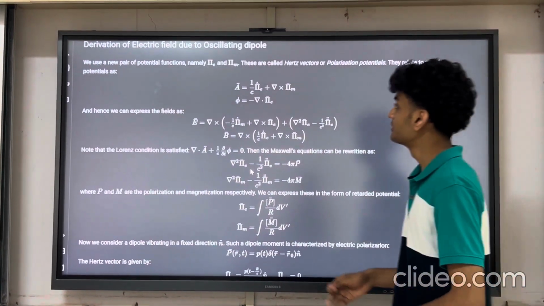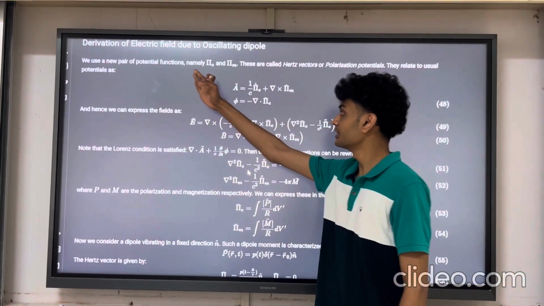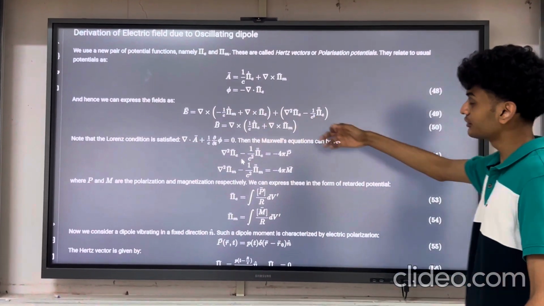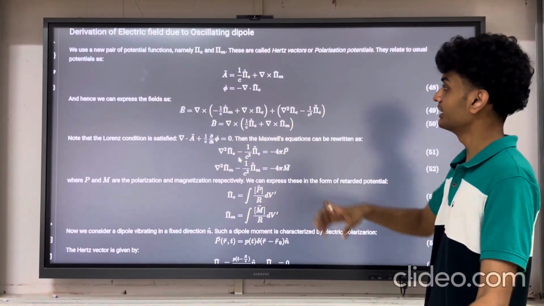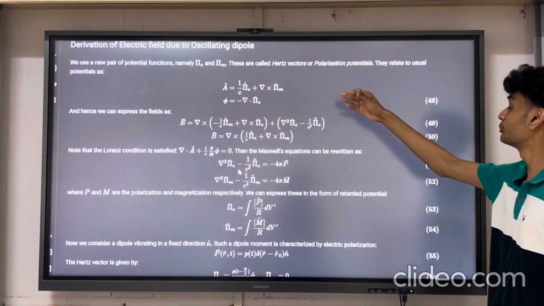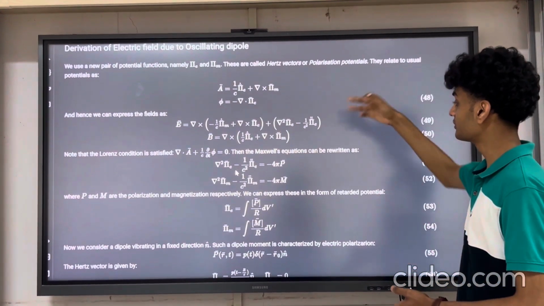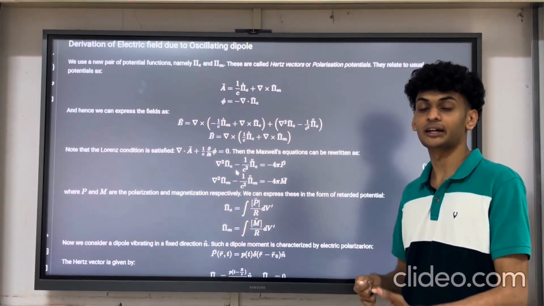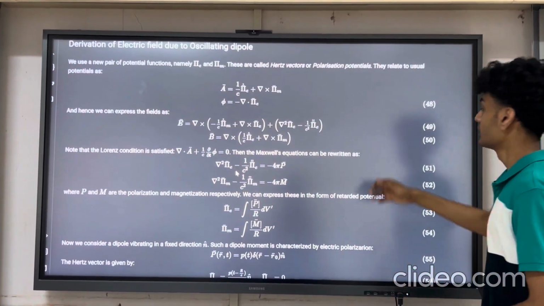So we start with a new pair of potentials, pi e and pi m, which can be thought of as analogous to the electric field and magnetic field, and we call these Hertz vectors or polarization potentials, since as we'll see, they relate to the polarization and magnetization through a differential equation.